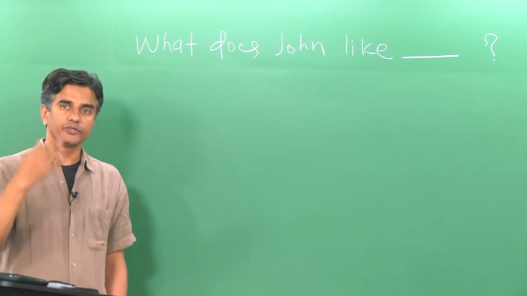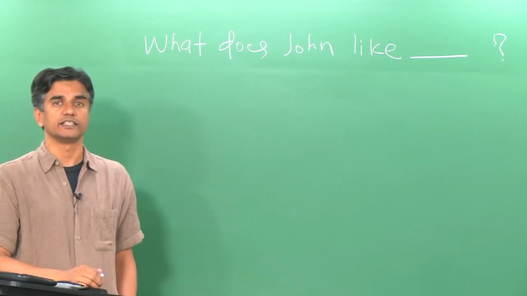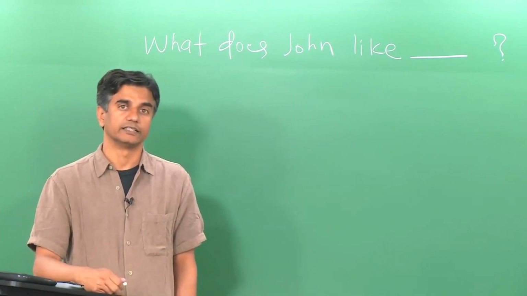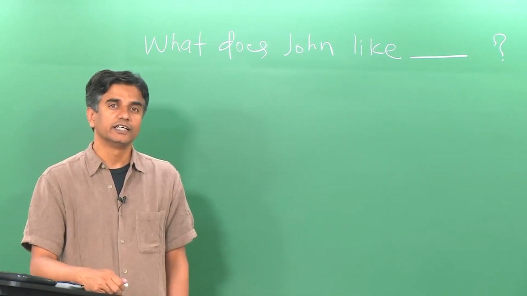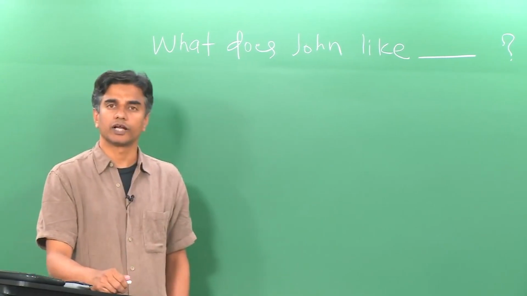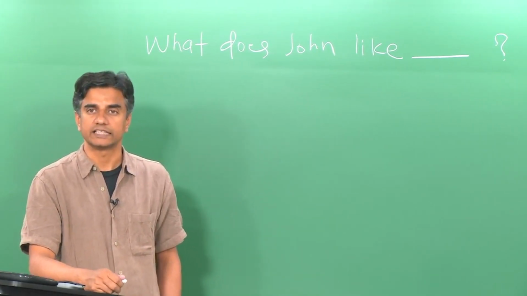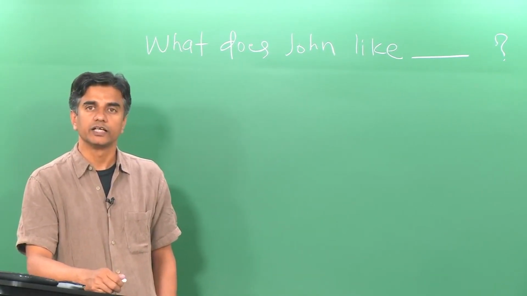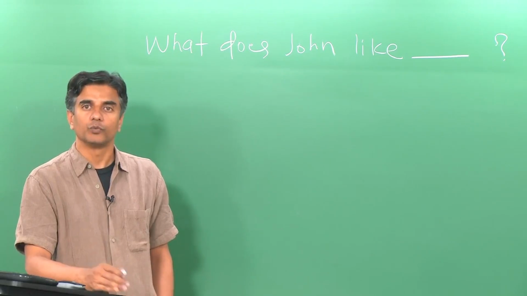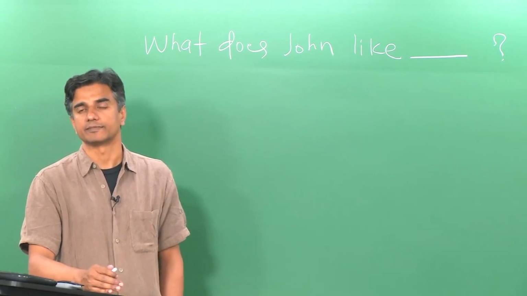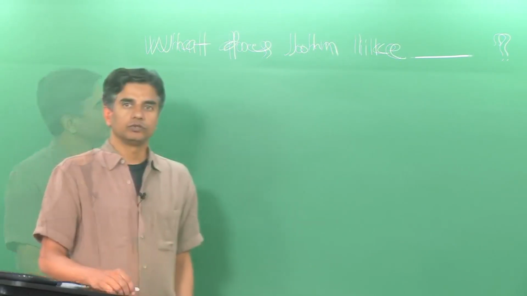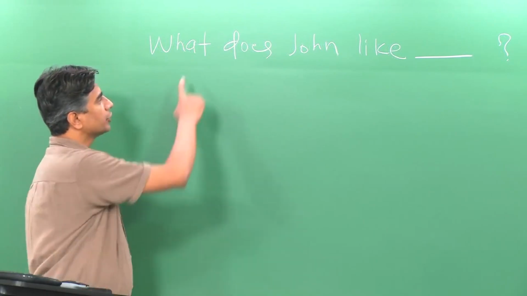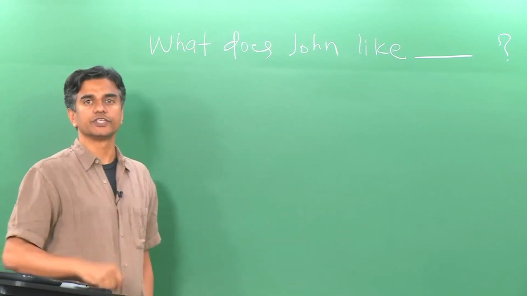How it is represented, you can see that on the screen, and you have seen that several times before in the phrase structure. Now, I want to draw your attention to the interrogative counterpart of this sentence, and we want to see the relationship between the two, which will help us understand displacement finally. We are looking at the interrogative counterpart of the sentence that you see on the screen.